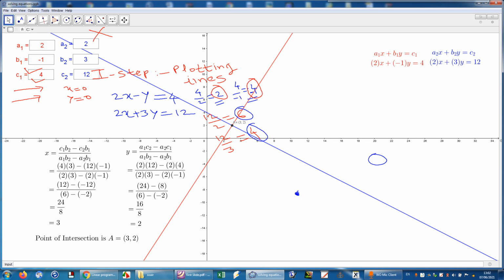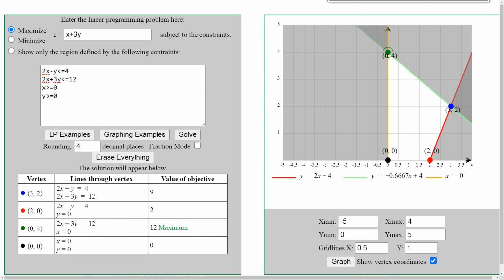Let us come back to the linear programming problem. After plotting the lines, we have to determine the feasible region. So the second step in solving a linear programming problem is to determine the common feasible region.